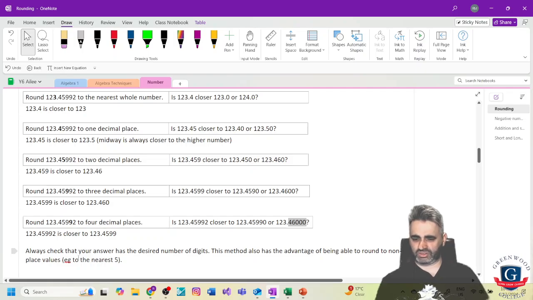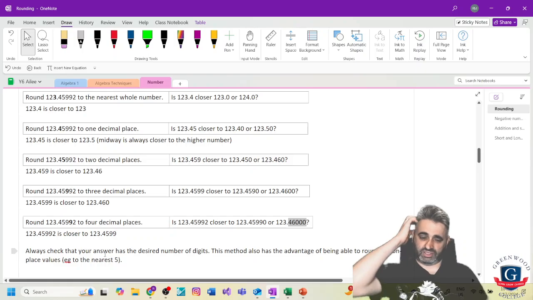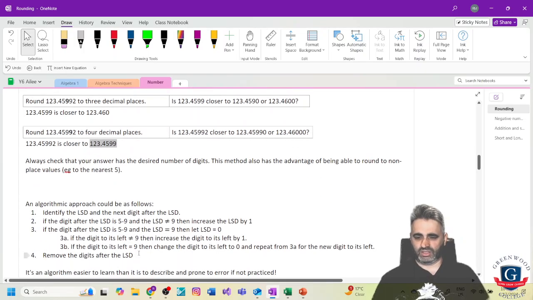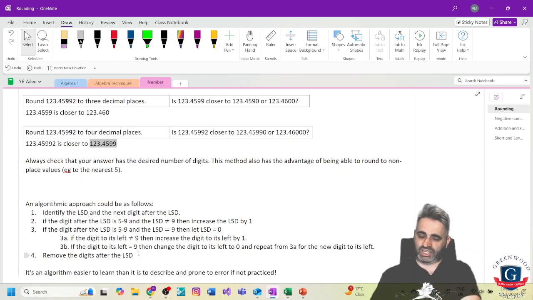Obviously it's closer to 45,990 than 46,000. So we would write the answer as 123.4599. So the main thing is to check that your answer always has the desired number of digits, and then to use the digit after the least significant digit to indicate to you whether you should round up or not.